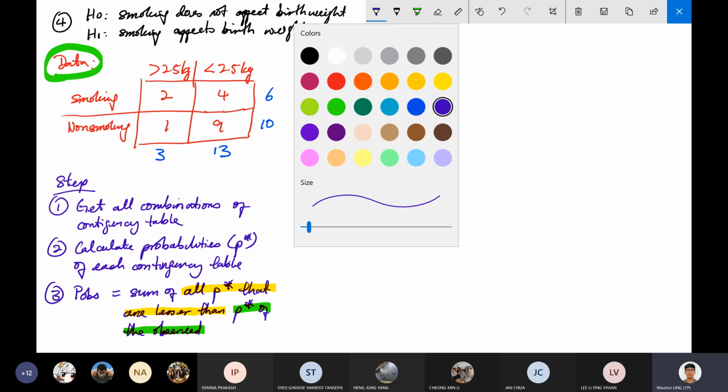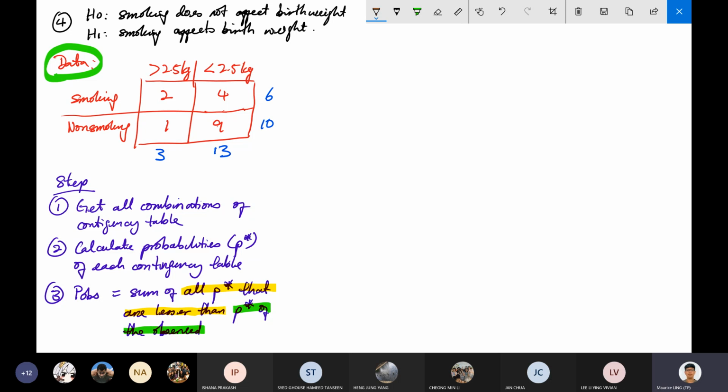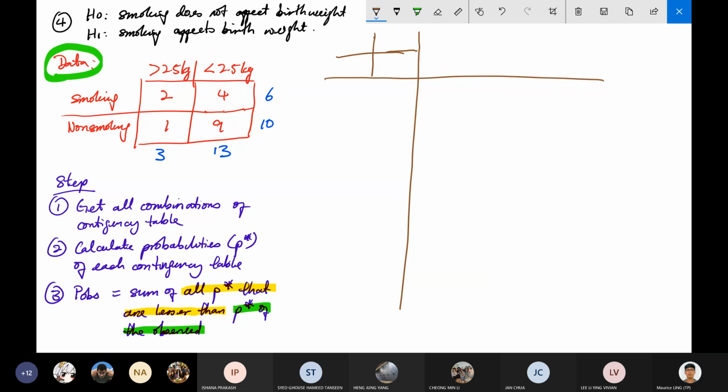So then let's start with our work. What are all the contingency tables that we can construct? Okay, so the first contingency table is this. We start off with 0. If this is 0, in order to get 3, here must be 3, correct? 2 plus 1, so the column must be 3.